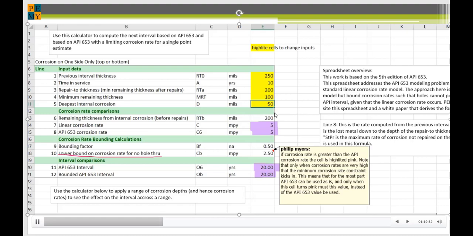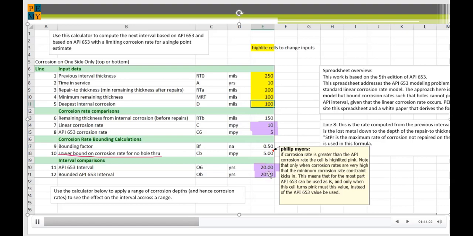Now let's boost the depth of corrosion to 100 mils. And we see that the linear corrosion rate, of course, has gone up. It's doubled. But look at the 653 corrosion rate. It remains the same. That's because it's only a function of the repair to thickness. In this case there's no difference.